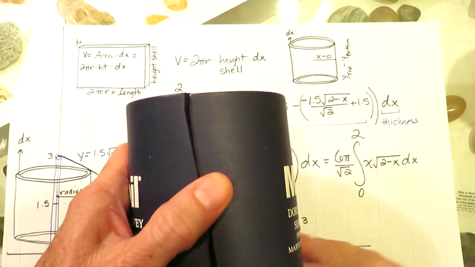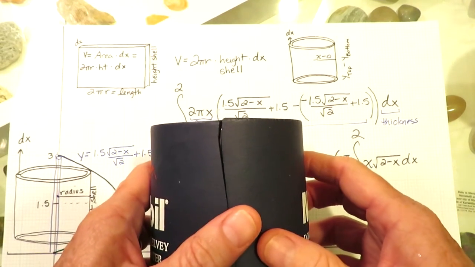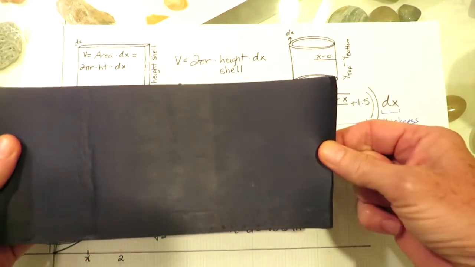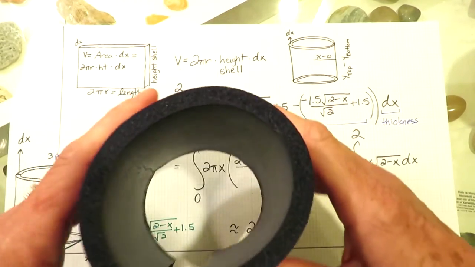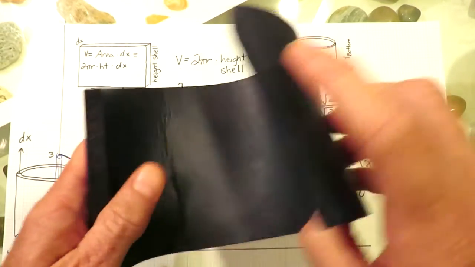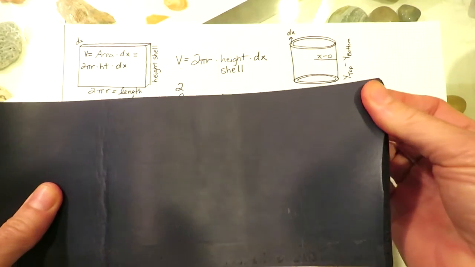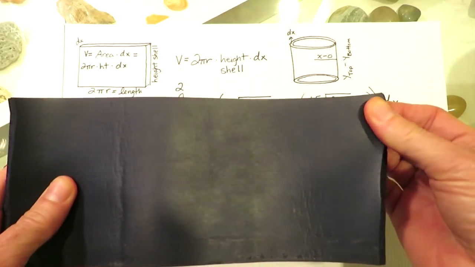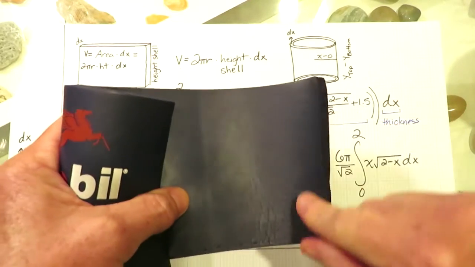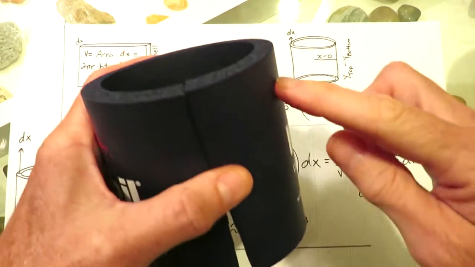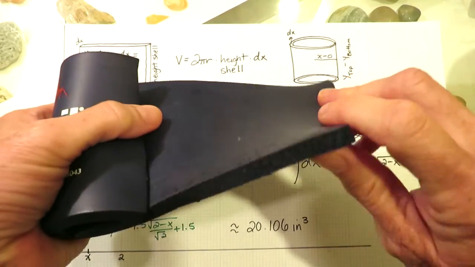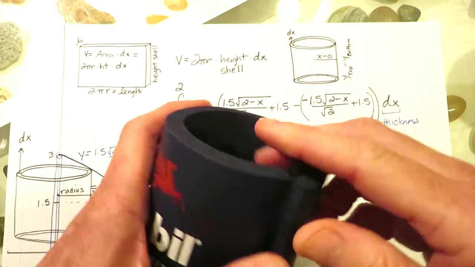The circumference of a circle is 2 times pi times the radius of the circle. What was the width of the box is now the height of the shell. It's how tall the shell is. And then the height of the box is the thickness of the shell. So length is circumference, width of the box is the height of the shell, and height of the box is the thickness of the shell.